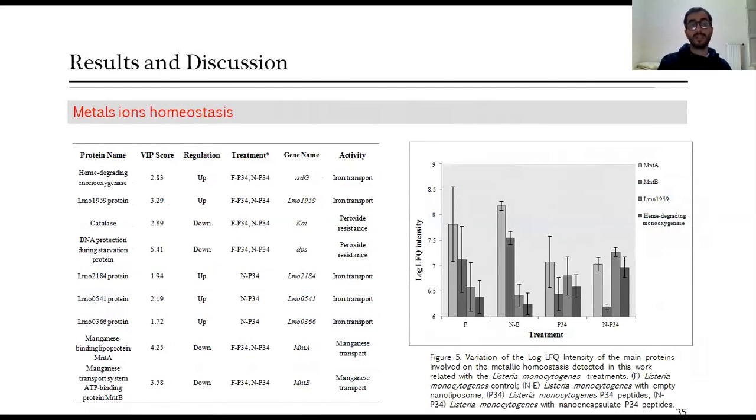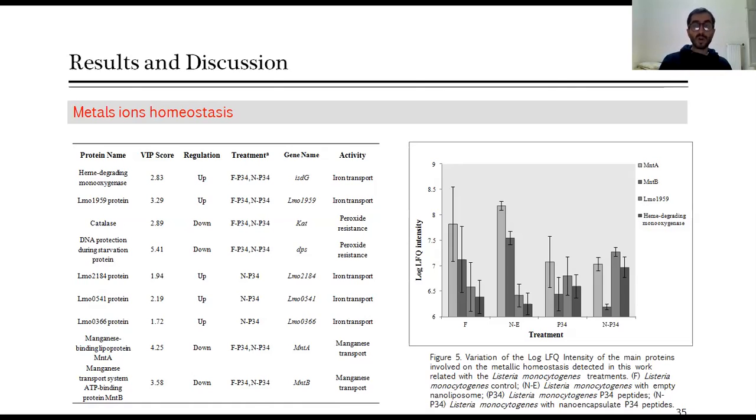Another process that was observed was metal-ion homeostasis. Here we can see a group of proteins related to this process, especially manganese-binding and manganese transport lipoproteins, which are always present on the membrane of Listeria cells.